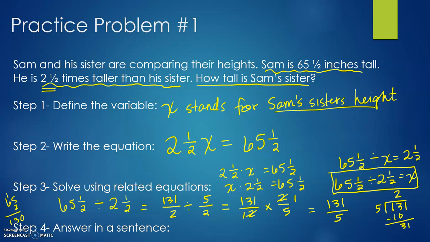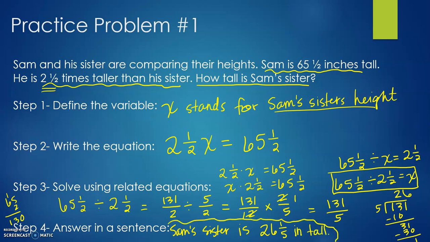And 5 goes into 31 6 times with 1 left over. So Sam's sister is 26 1/5 inches tall.